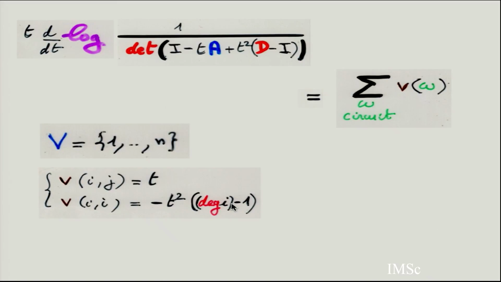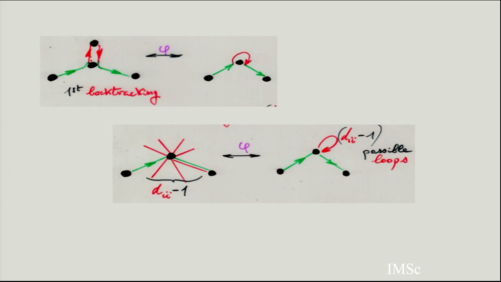So immediately comes to your mind, if you love involutions, a killing involution: if you have a backtracking here, look, I go here, I make a backtracking, which counts for t squared. Why not kill the backtracking and replace it by a loop, which will be minus t squared?